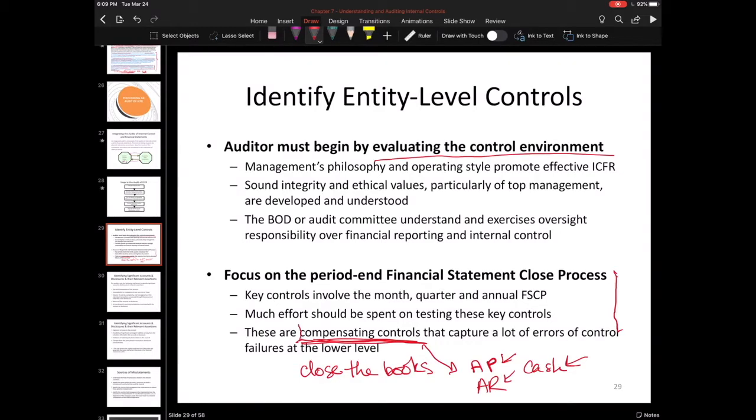So that's why they're called a compensating control, because they essentially are controls that compensate for the failure of these other smaller, lower level controls.